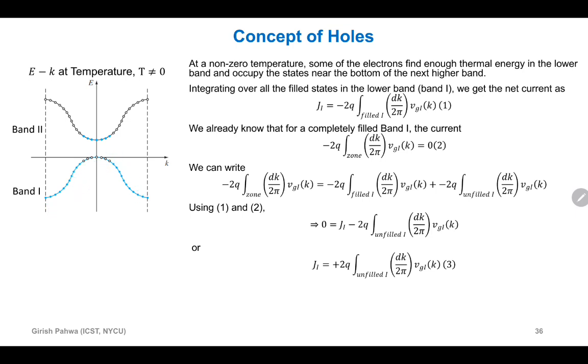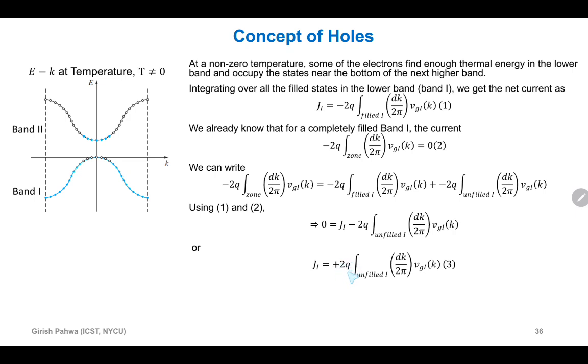Assume these are all empty and this is filled. How would you write the formula of the current? You will write 2q integrate dk by 2 pi into Vg. Okay, and what is the charge on those? It's plus 2q now. So the integration over the filled states with electrons is equivalent to the integration over unfilled states with some fictitious particle which has a plus q charge.